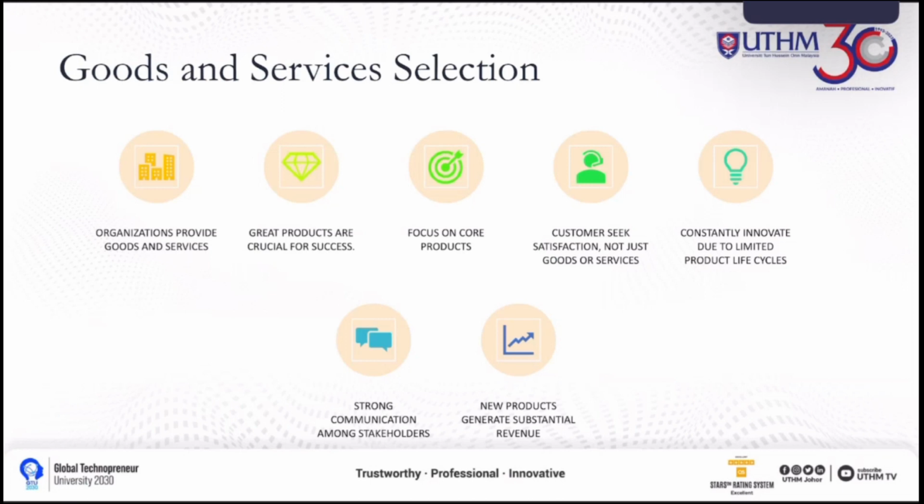Then the fourth is that customers seek satisfaction, not just goods and services. We know that customers play an important part in our business. Without customers, we don't have any revenue. This principle emphasizes that customers are not just purchasing a physical product or service, but of course they also have the overall satisfaction, the experience and the value that is provided.